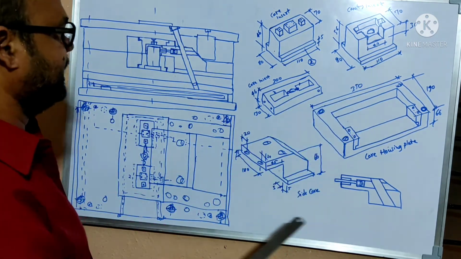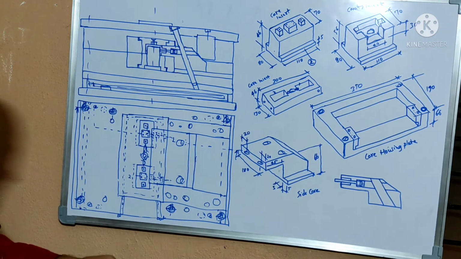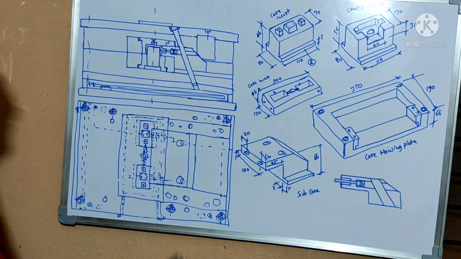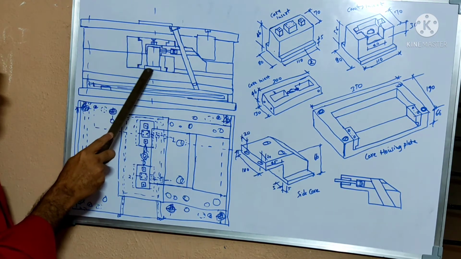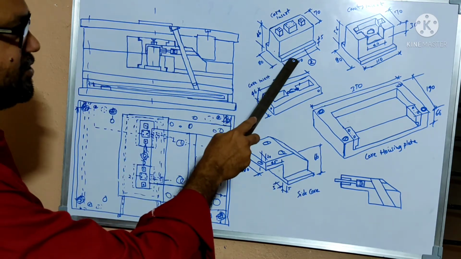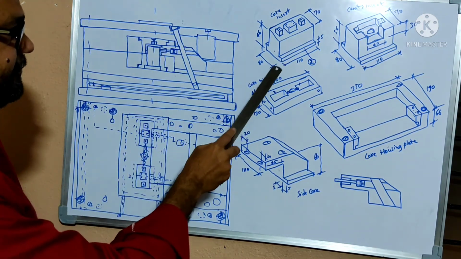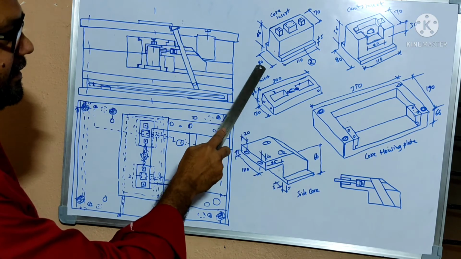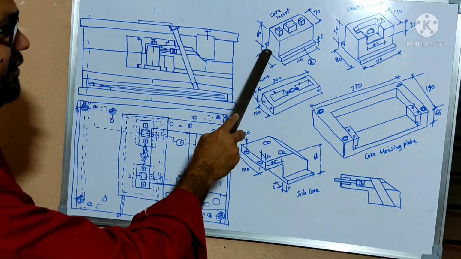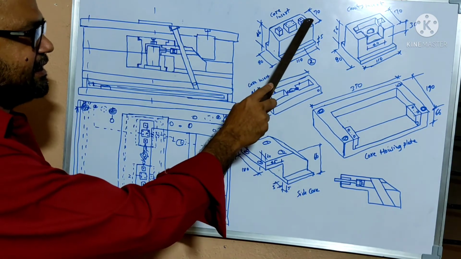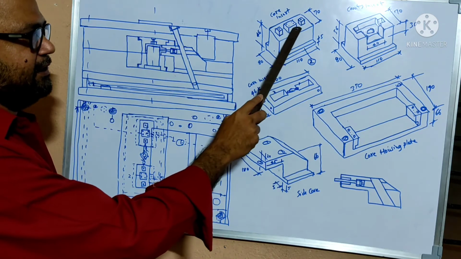Here, for your reference, I have given some of the basic dimensions of the core insert. This is the total length, total width and the height of the component, and these are all the core inserts in the machine.